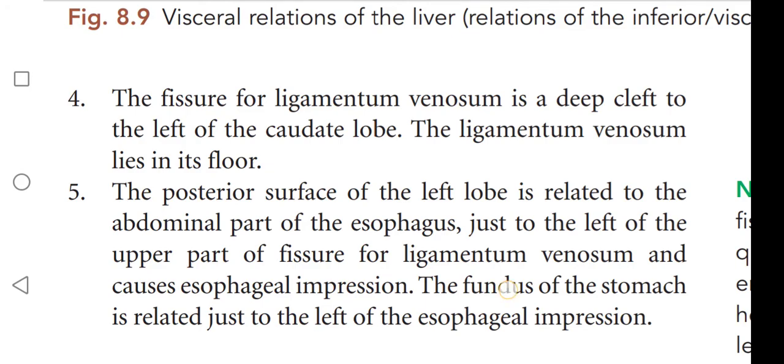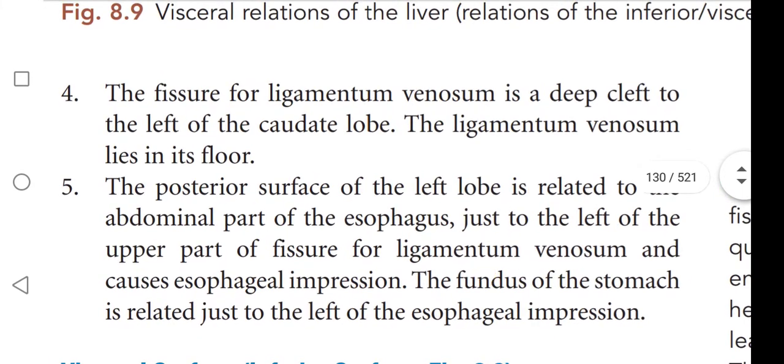The posterior surface of the left lobe is related to the abdominal part of the esophagus, just to the left of the upper part of the fissure for ligamentum venosum, and causes the esophageal impression.